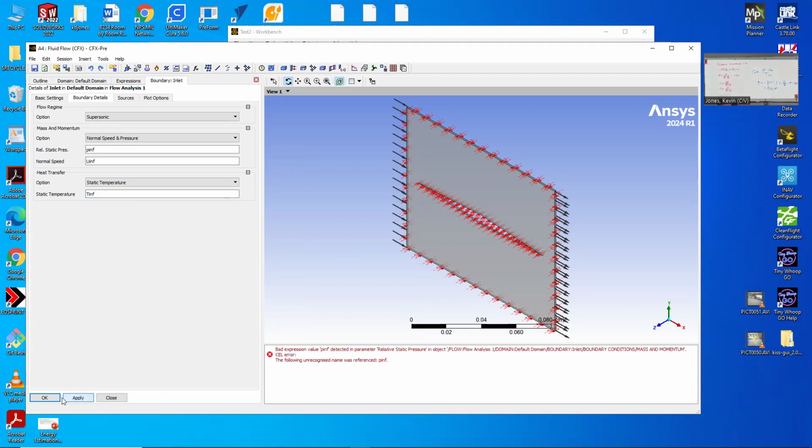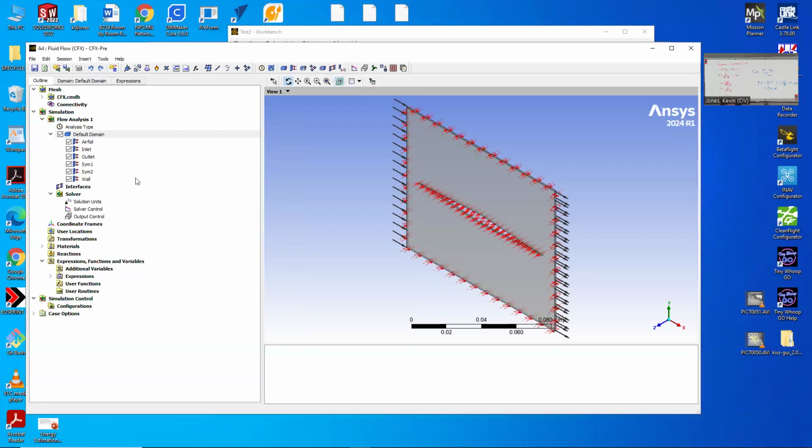All right, I think that's all our boundary conditions. So let's take like a 5-minute break, 10-minute break, and come back to that.